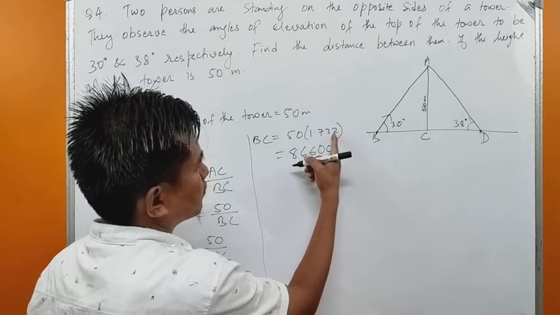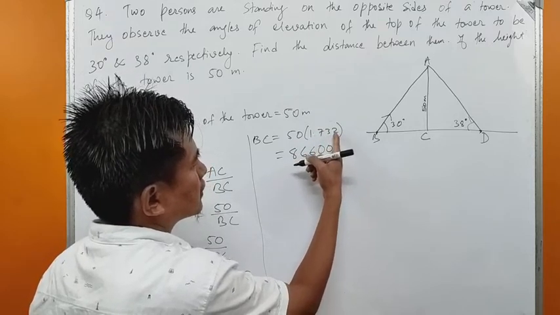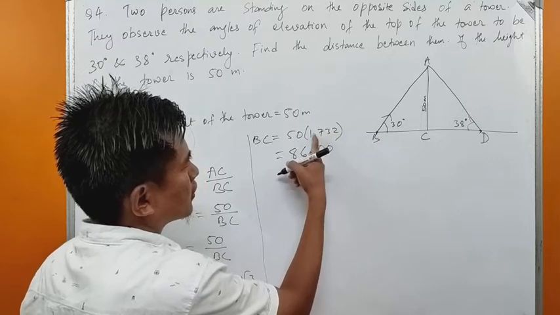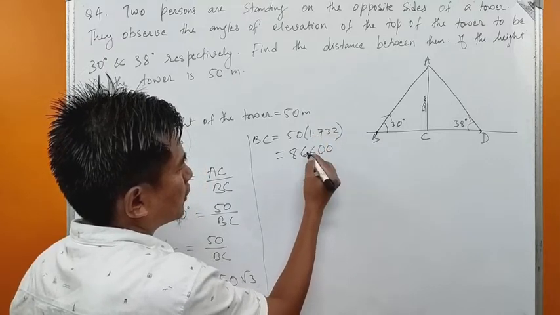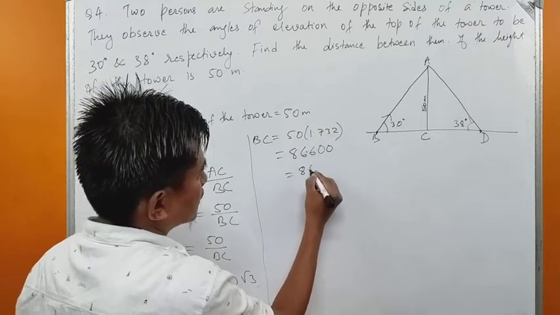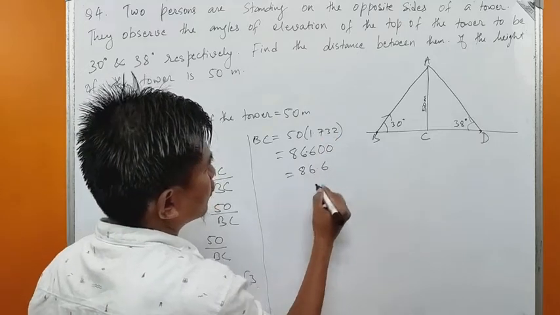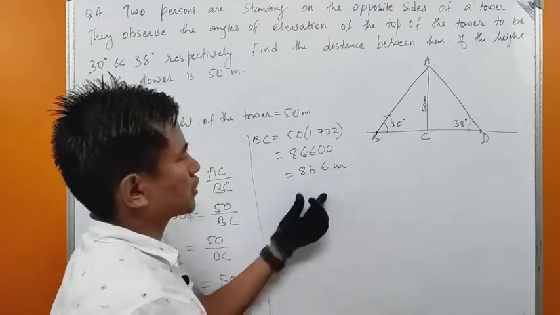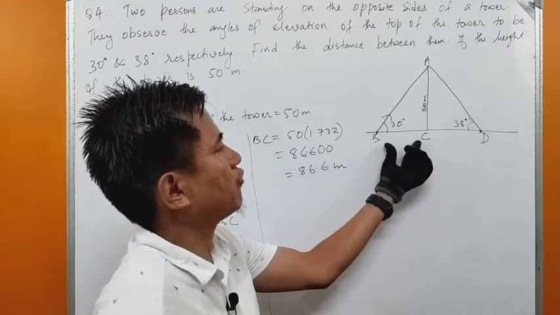We put the decimal point before 3 digits, so we get 86.600, we don't write the zeros. BC is 86.6 meter.